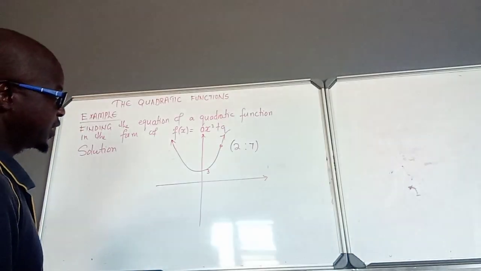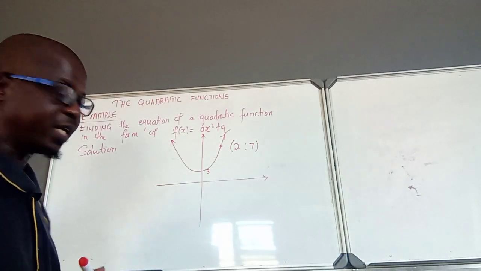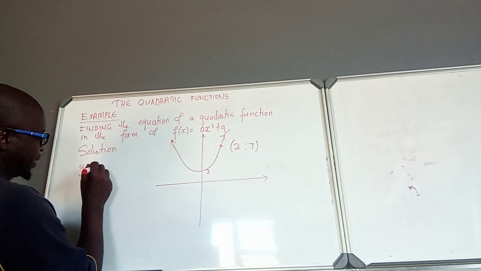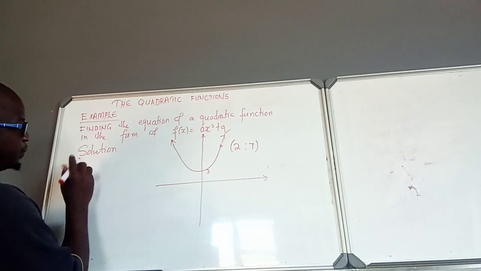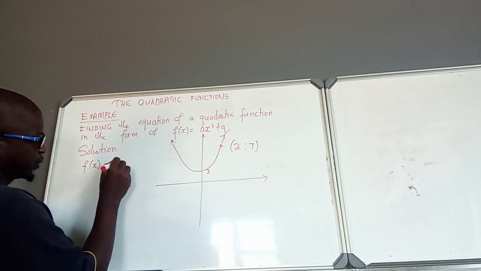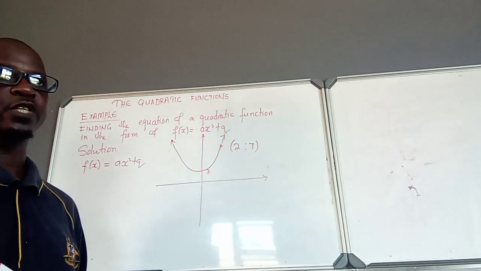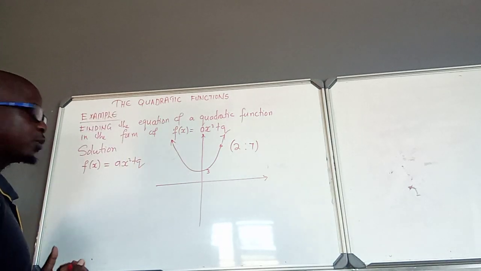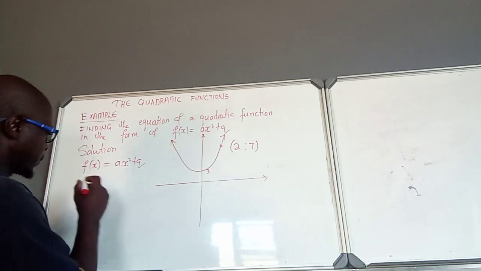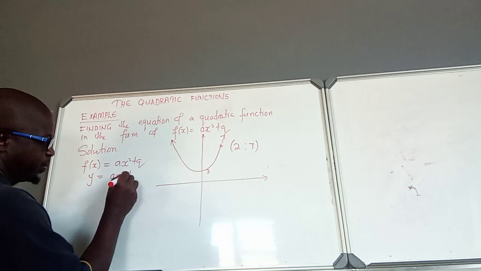Now, given this formula, we are going to first consider the y-intercept. Let me rewrite this as f of x is equal to ax squared plus q. I'm going to replace f of x with y, so y is equal to ax squared plus q.